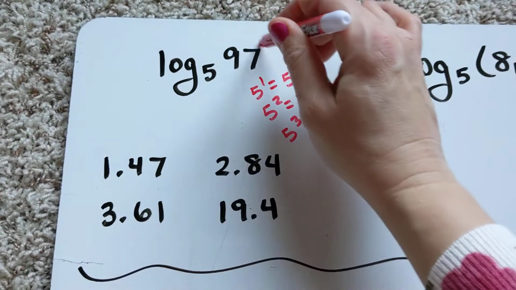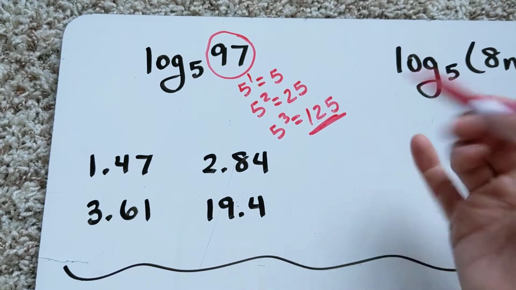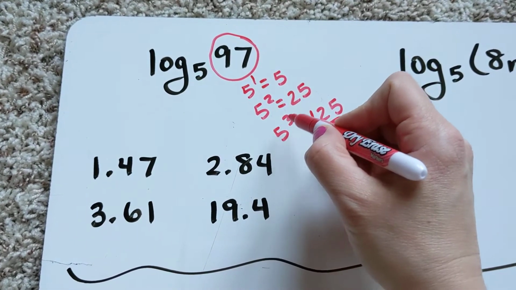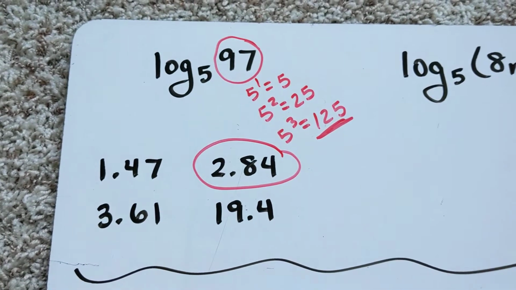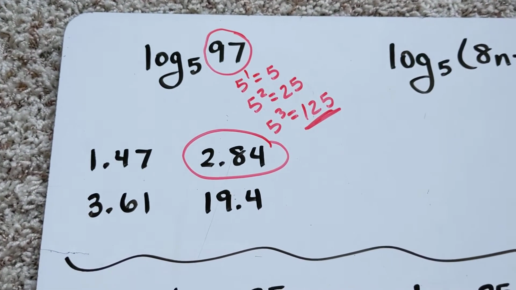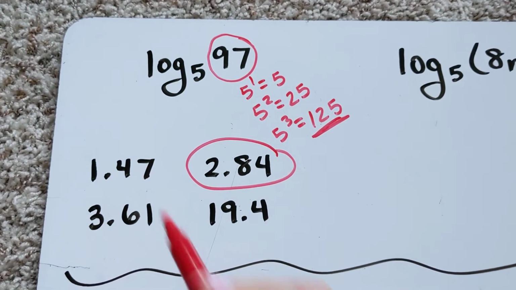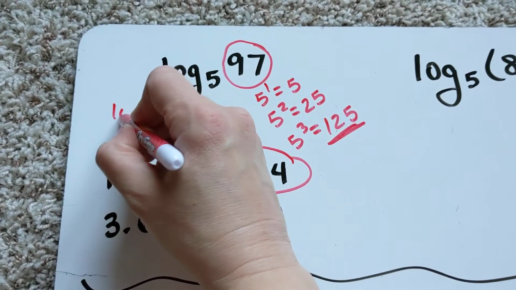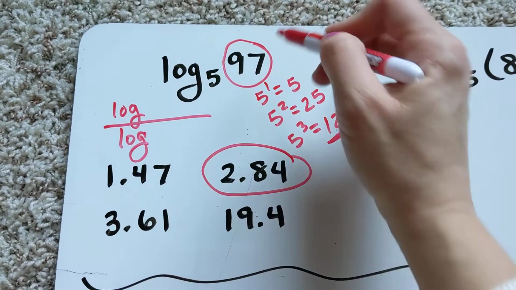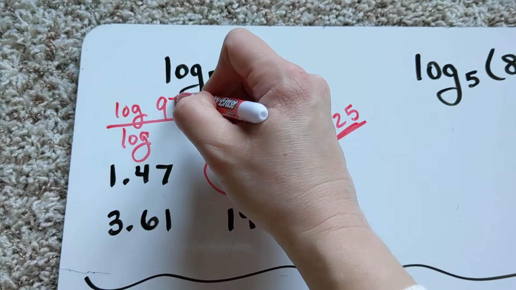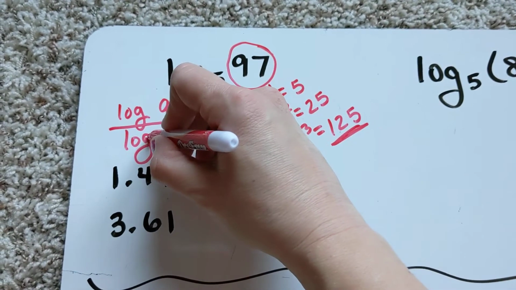Okay, the number 97 is not this big. It's close, so our answer should be an exponent that's not quite 3, which would be this one. Now, if they ask on the quizzes how you would have calculated that, again, if you have a calculator, because some of you don't, you divide the logs. So 97 goes here. The 5, because it's written down low, goes down low in the fraction.